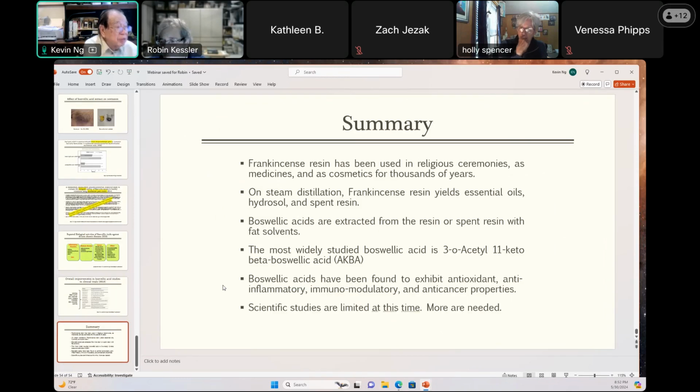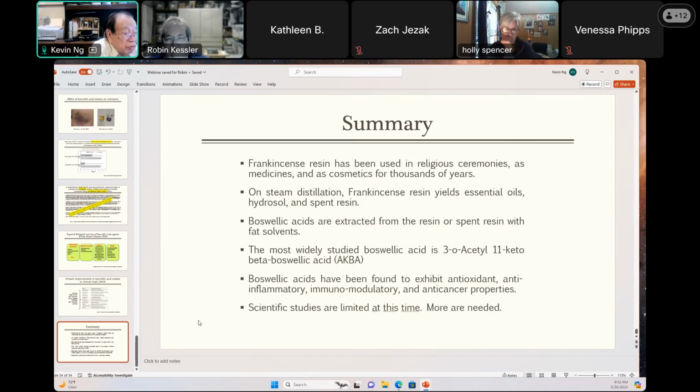Now, my summary is just to show you that boswellic acid is the extract derived from the biomass after they remove the essential oil and the hydrosol. So at this stage, I can say that the scientific studies are very limited at this time, but I look forward to more studies on this.